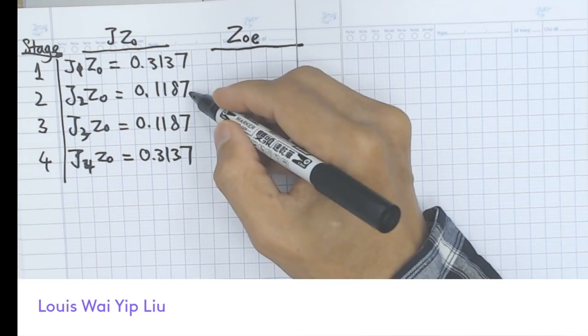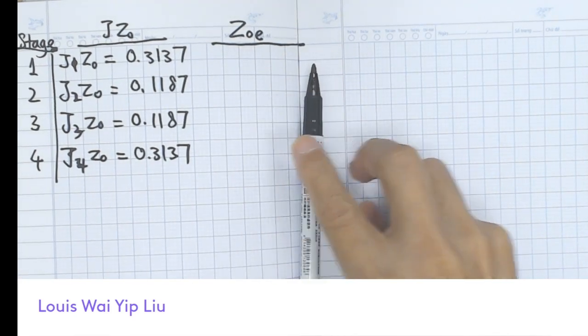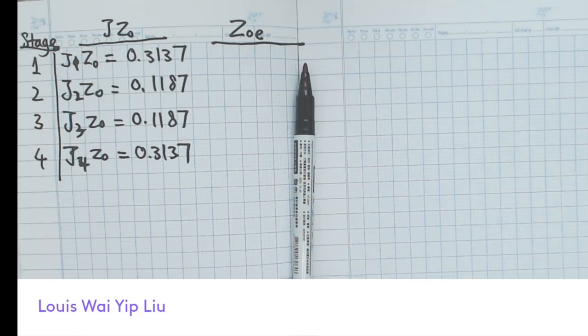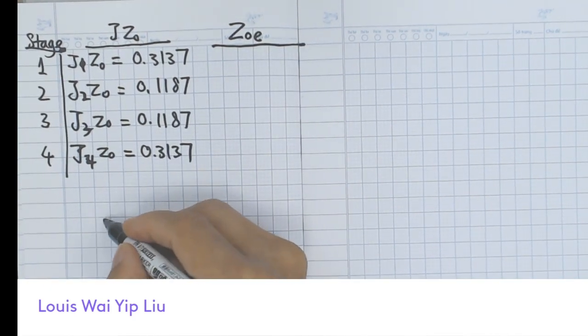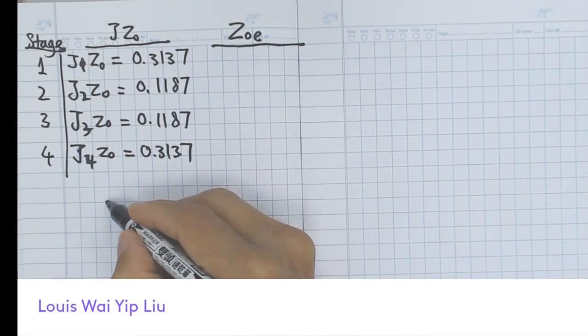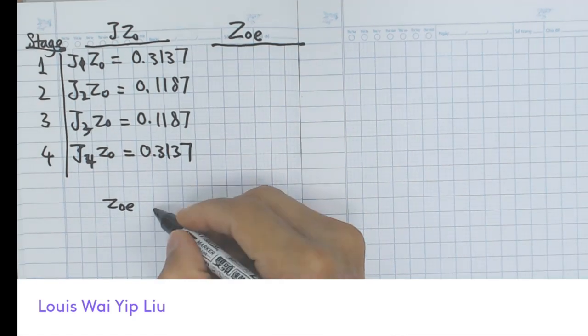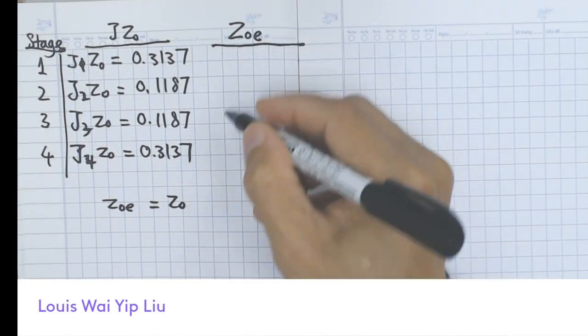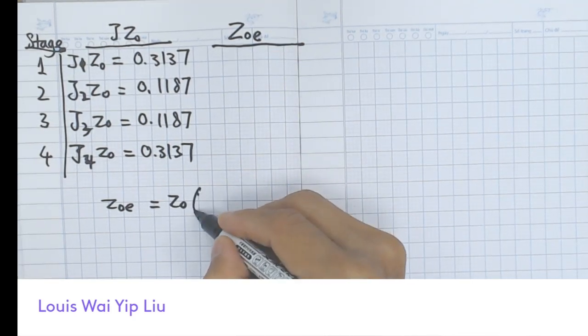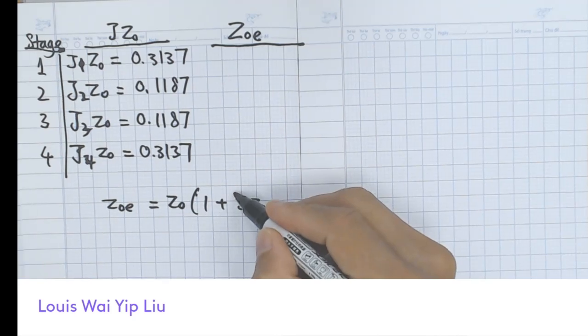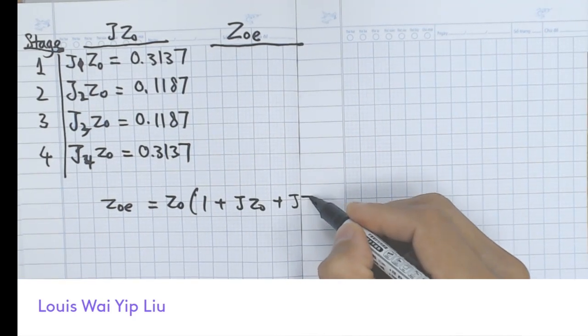And according to our calculation, we should use the formula, this one, to calculate the value for each stage in this column. 1 plus JZ0, and then JZ0 square.